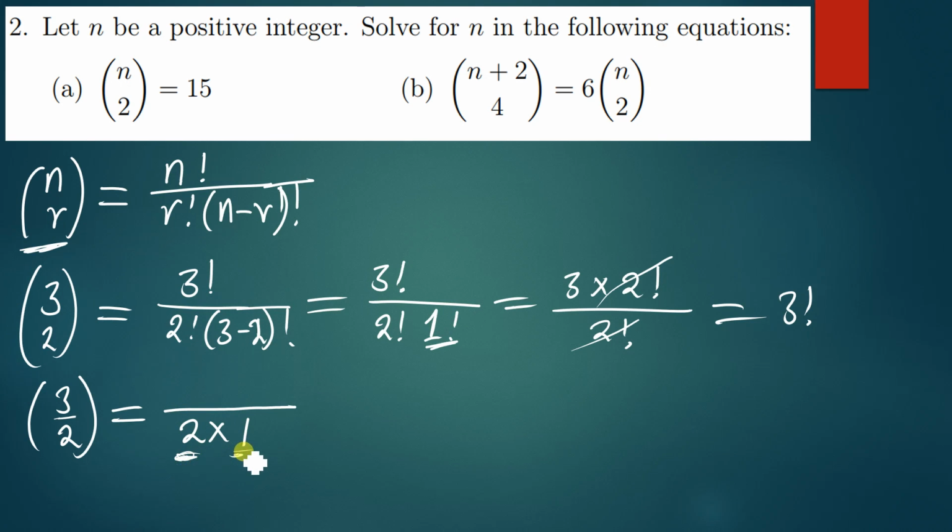So since we have 2 numbers, on the numerator we write 3 times 2. We end there, so that the numerator also has 2 numbers.